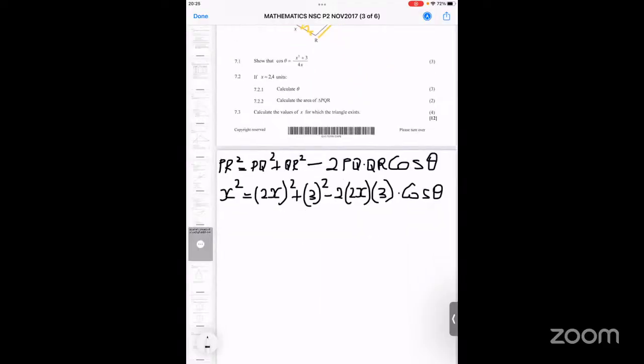Then all that you need to do is just to make cos of the angle the subject of the formula. So obviously this will be 4x squared plus 9 minus, and 4 times 3 is 12.